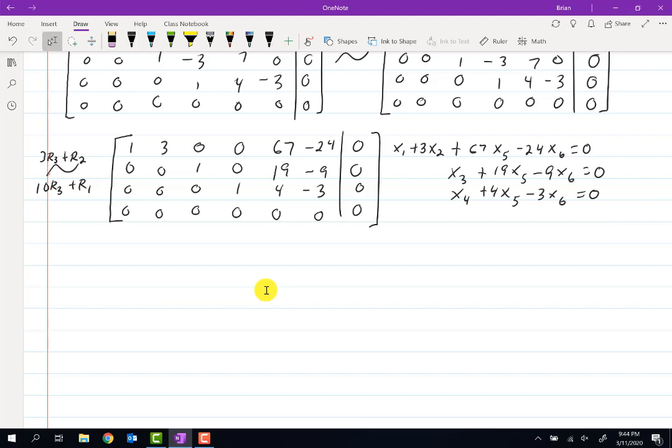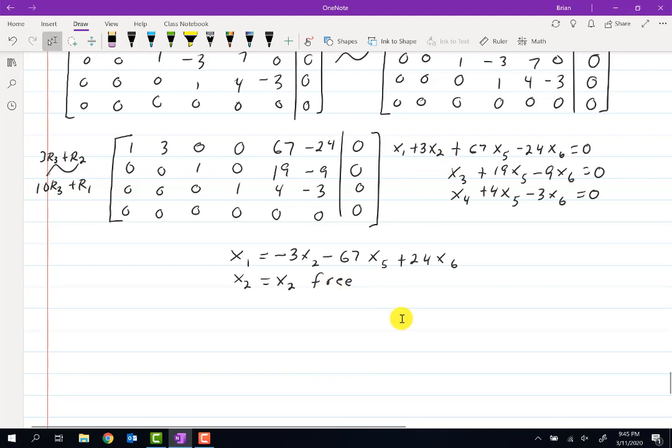And so let me go ahead and solve these. You can see here, I'm going to solve x1 will equal -3x2 minus 67x5 plus 24x6. x2, you don't see x2 anywhere else in here, so x2 will just equal itself. That's going to be free. So there's one of the 3 dimensional pieces.